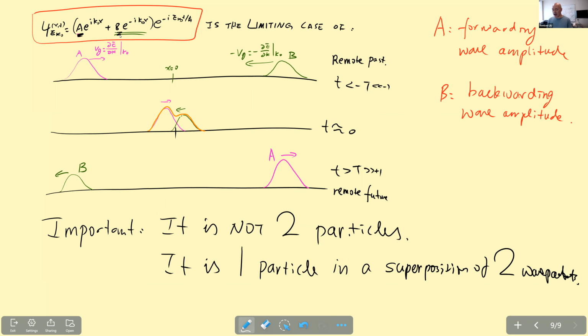So they are limiting cases of two different kinds of wave packets. That is the key point of scattering states or the continuum states. Okay, so let's take a break, and in case it's too fast or you have questions, please feel free to ask.